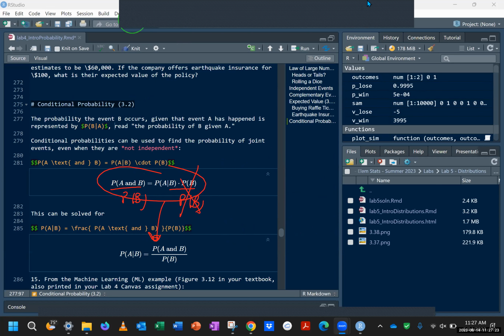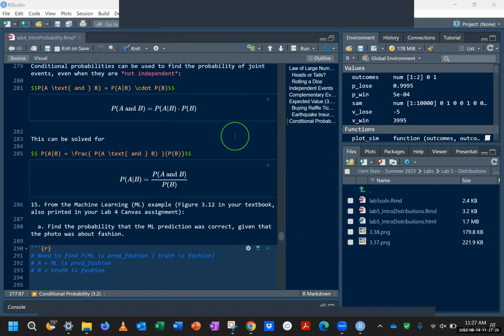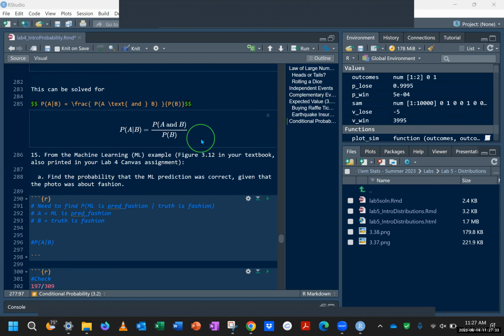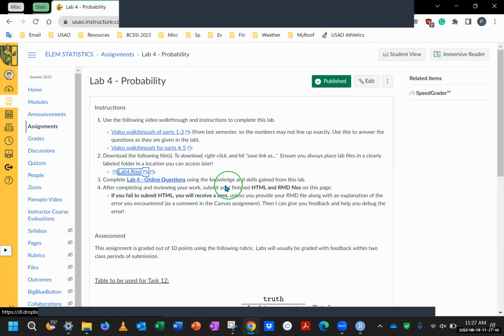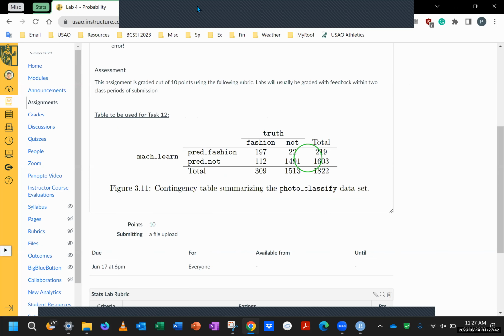So we're just going to check it with a situation involving machine learning. This is an algorithm the computer uses to try to predict what different events are. If we look at this figure in our textbook, 312, it's also in lab 4. I pasted it here. What's going on is we've got two things that can happen.